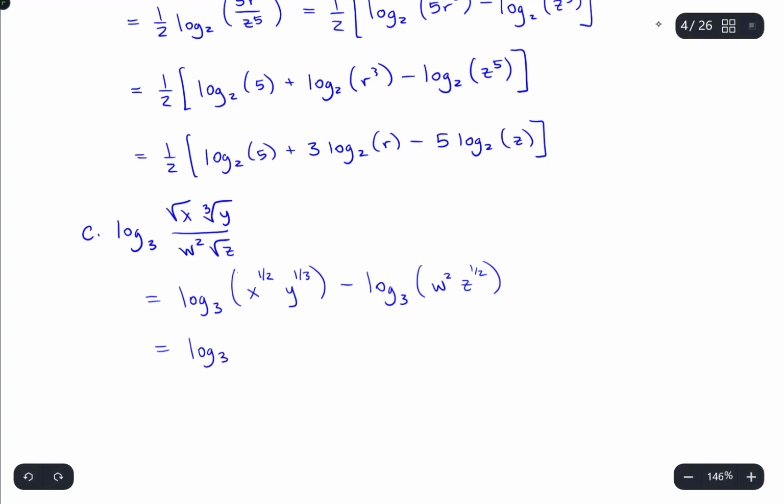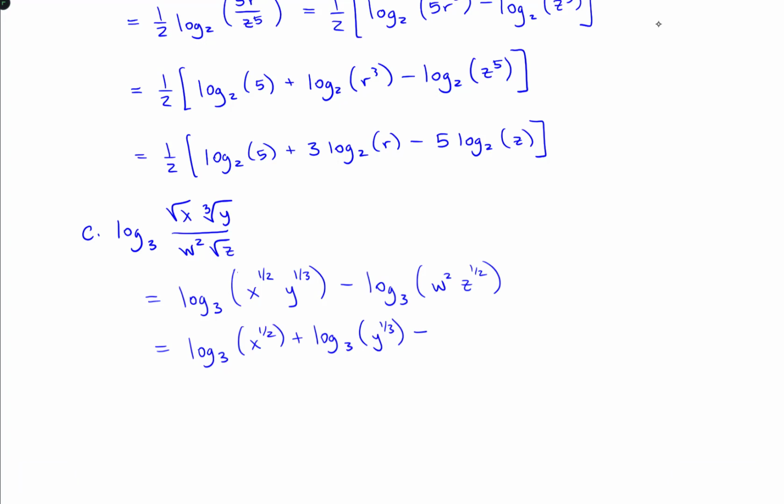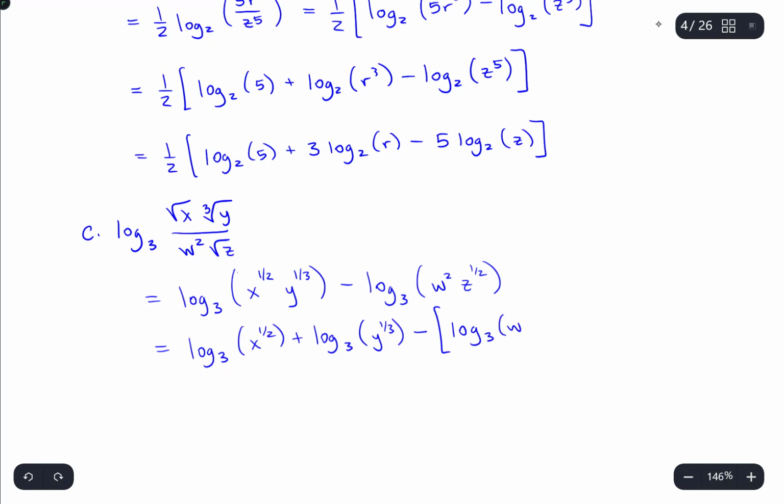So this would be log base 3 of x to the 1/2 plus log base 3 of y to the 1/3 minus, and it's still subtracting this whole entire logarithm here. So I need to put this in brackets here and then say it's log base 3 of w squared plus log base 3 of z to the 1/2.